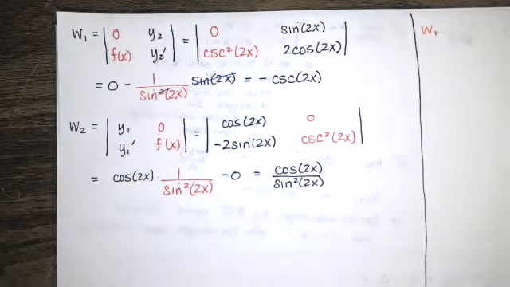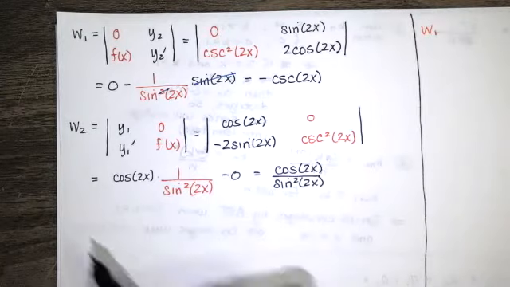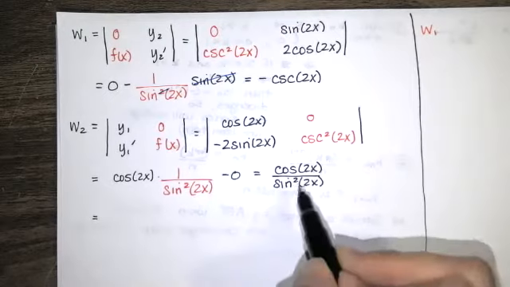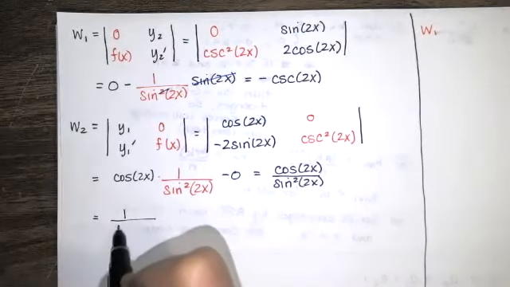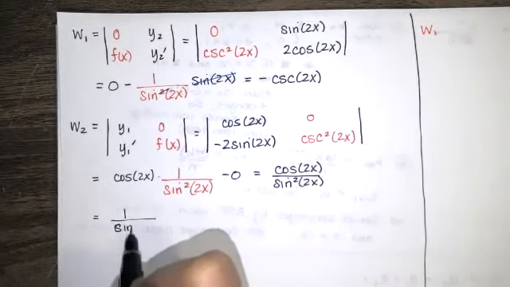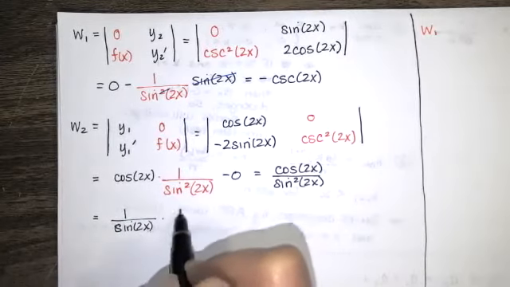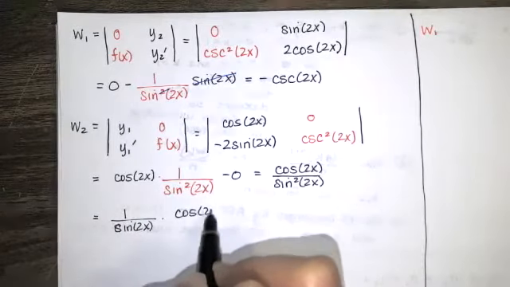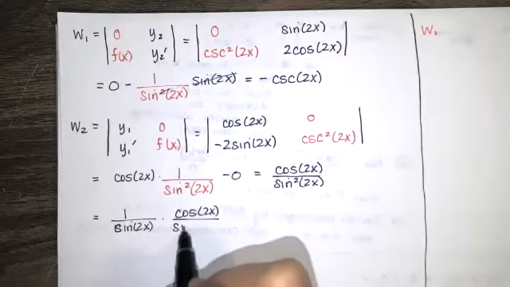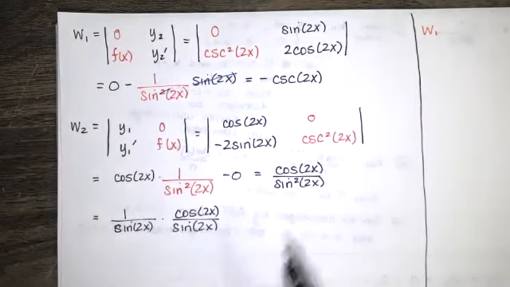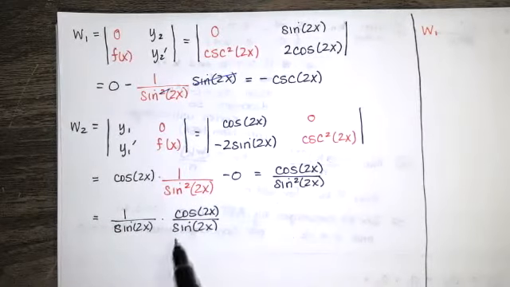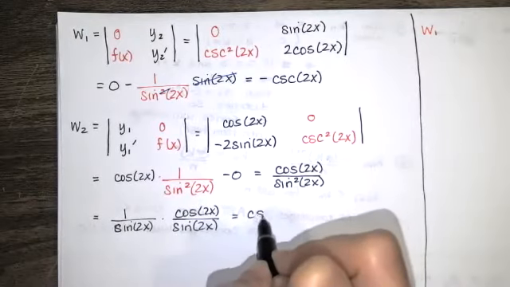And we could simplify that. Let's see. How does that simplify? 1 over sine of 2x times cosine of 2x over sine of 2x simplifies to cosecant of 2x times cotangent of 2x.